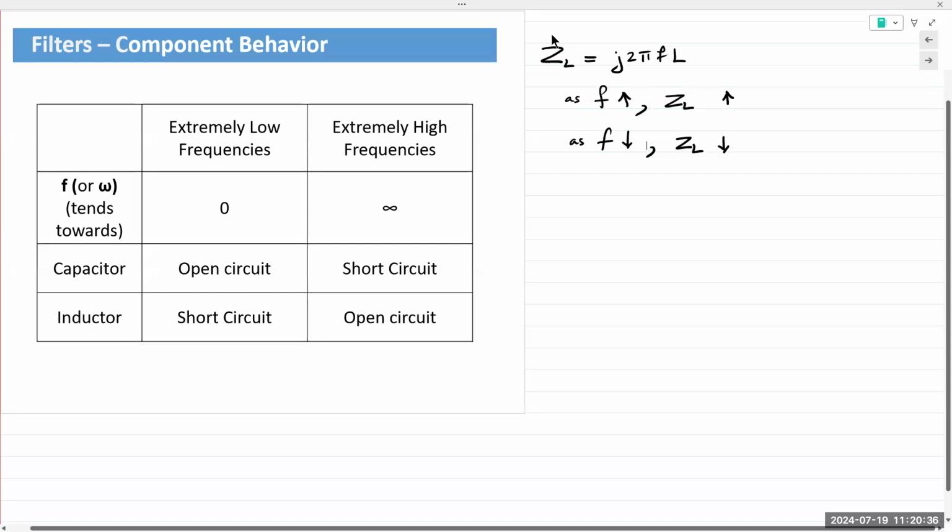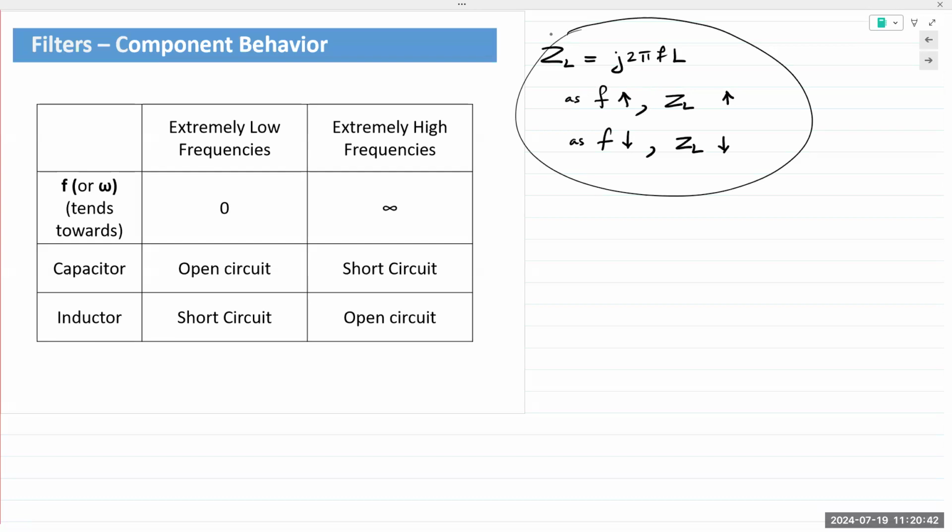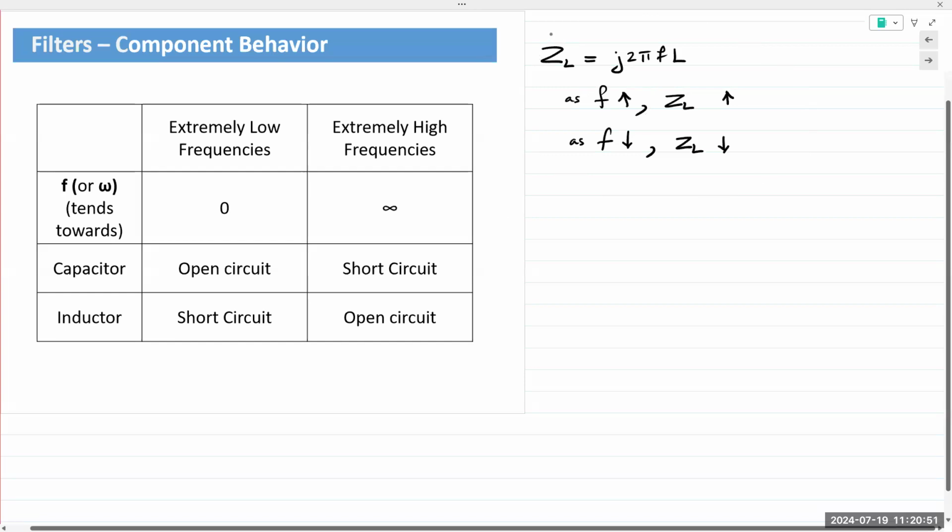makes sense. So this is the quantitative illustration based on the equation, and the other is the qualitative explanation, what is happening. The faster the input changes, the more the magnetic field opposes any change in that input. And because of this, we can model the inductor as a short circuit at extremely low frequencies and as an open circuit at extremely high frequencies.